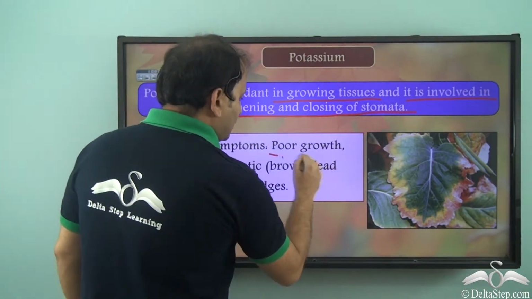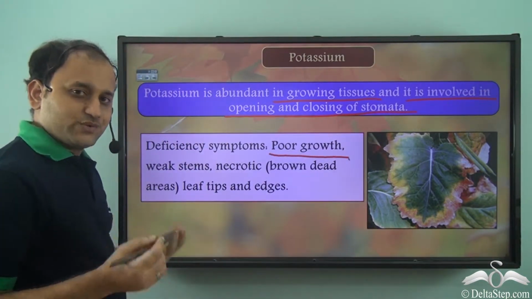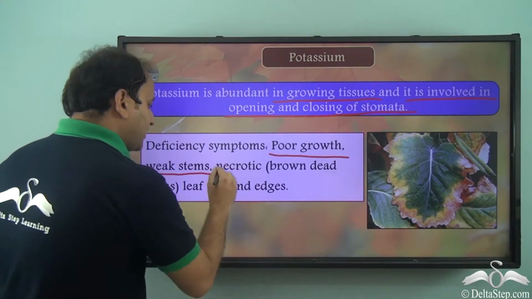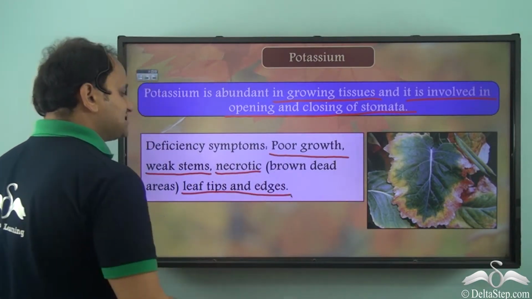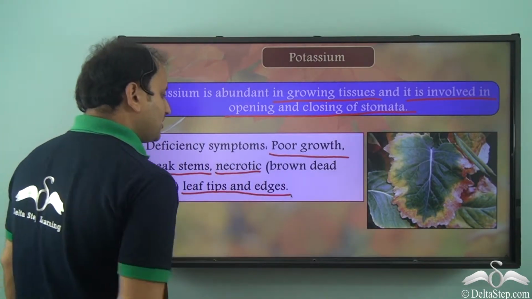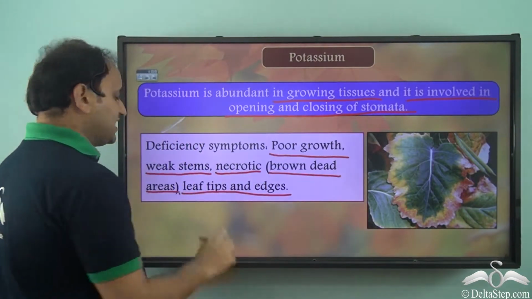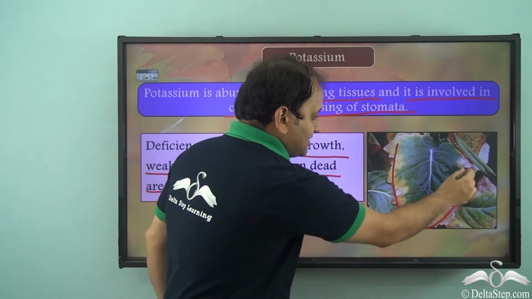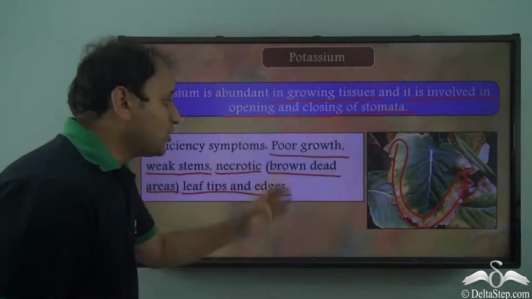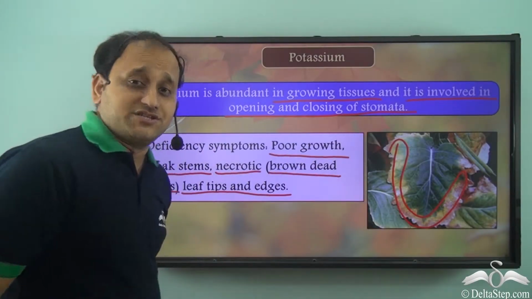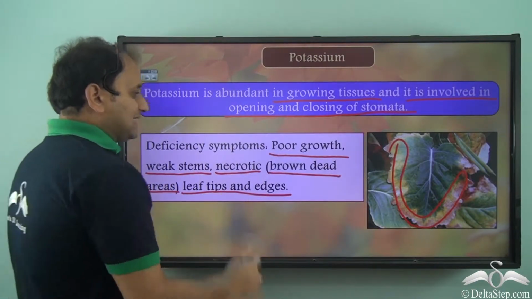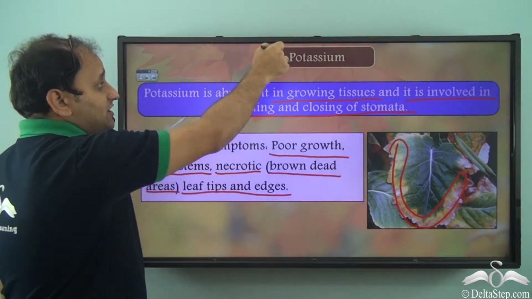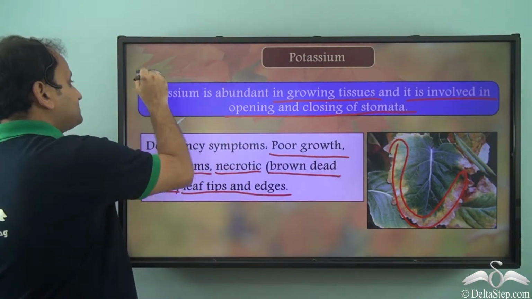Well, the plant will show poor growth, weak stems, necrotic leaf tips and edges. What do we mean by necrotic? Brown dead areas. All the brown dead areas which you can see, we call them necrotic regions. You can clearly see these symptoms when the plant is deficient in potassium.